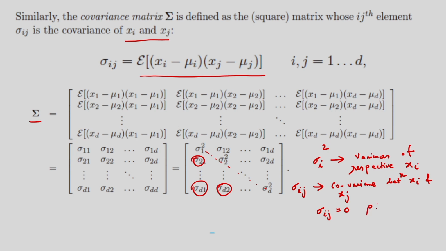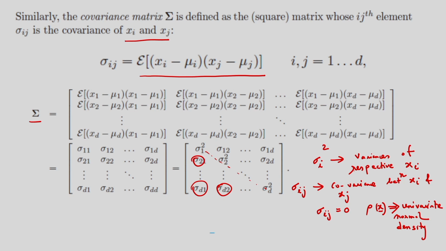Then corresponding to this, the p(x) that I have already defined will be the univariate normal density. So if xi and xj are statistically independent, that corresponds to sigma ij equal to 0, and p(x) will be the univariate normal density.